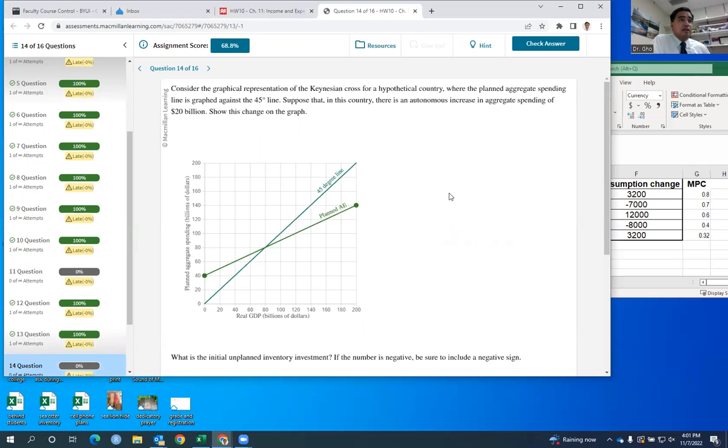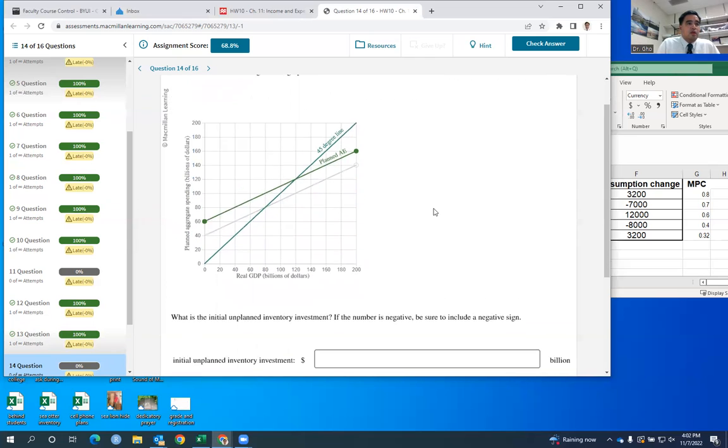Consider the graphical representation of the Canadian cross for a hypothetical country where the planned aggregate spending is the line on the graph. There's an autonomous increase in aggregate spending of $20 billion. Show this one on the graph. Here we go. There's 20 and 20.